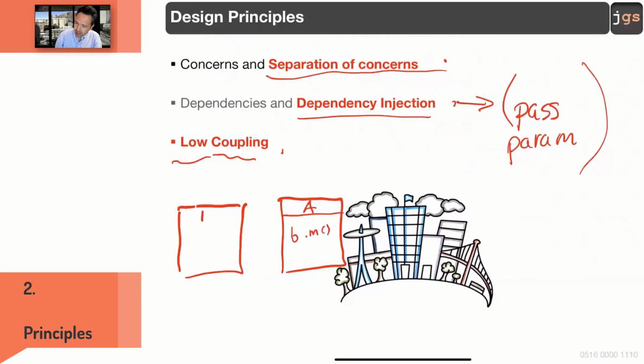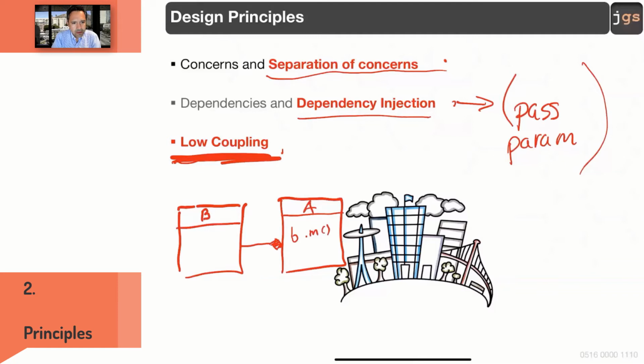If this one is the class B, a novice programmer will do this, or worse. That is a bad idea. That is a bad idea. Why?